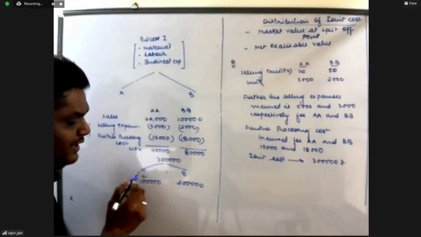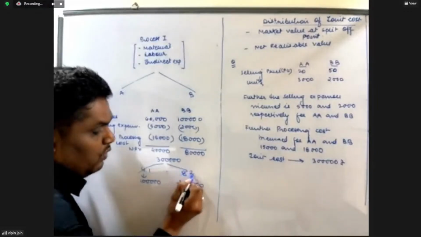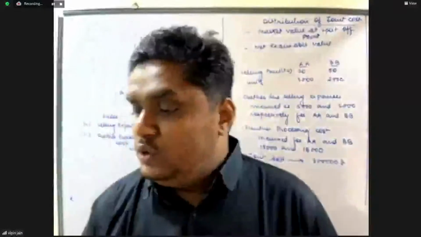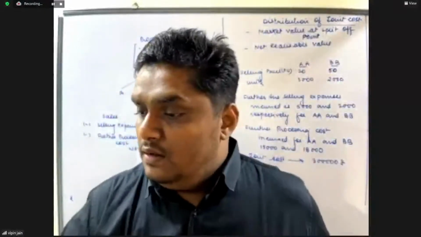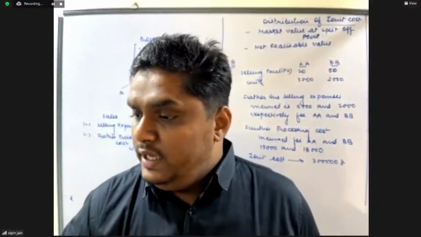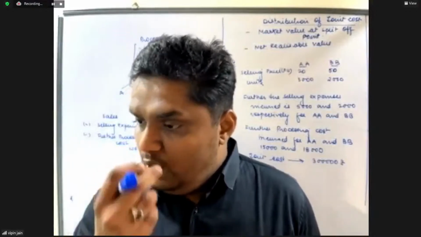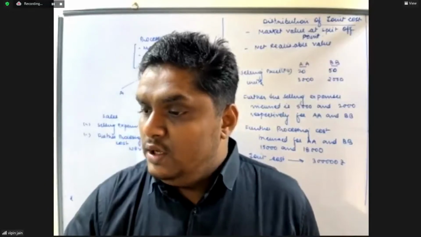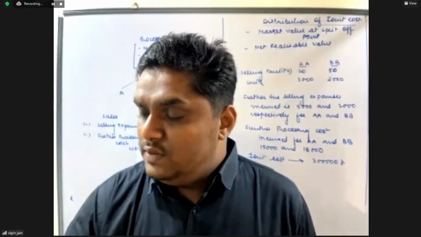So 4:8, that is, we call it 1:2. So 3 lakh is to be distributed in the ratio of 1:2. Yes, Ishan, again, what mistake happened from your side? Your answer was incorrect. Dhruti, again, your answer was incorrect.